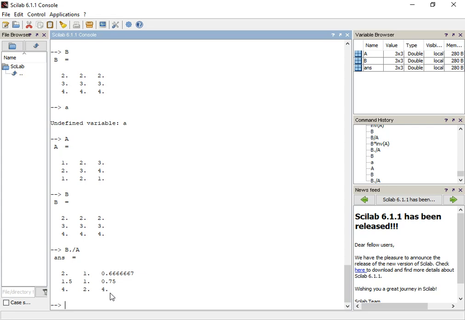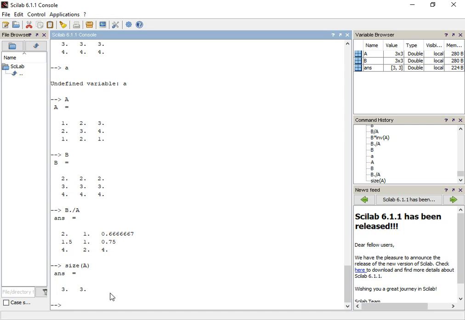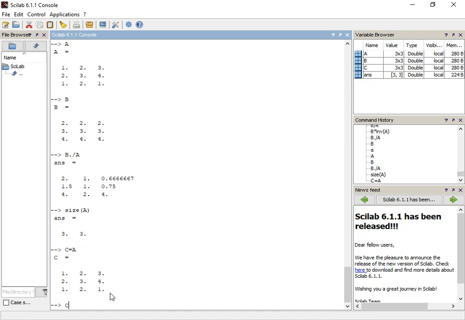Also, you may require the size of the matrix somewhere. So for that, the command is size A. Size A is giving you the size of the given inserted matrix. So, for example, let me define C to be right now A, then I am adding a few rows in this. So you know how to introduce that.